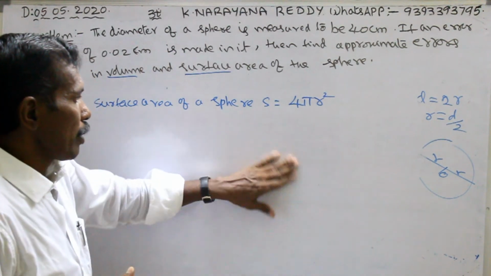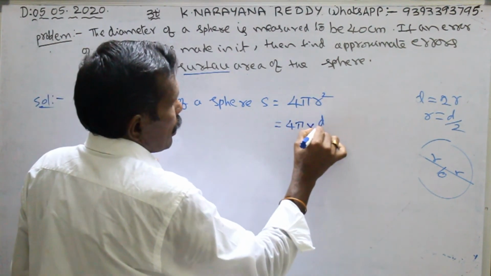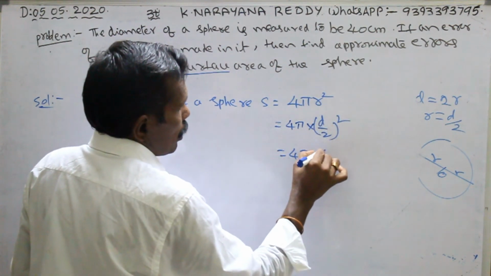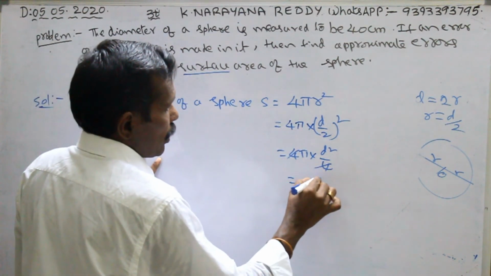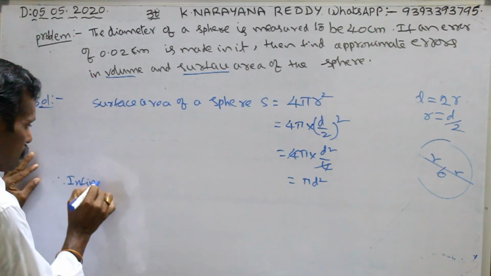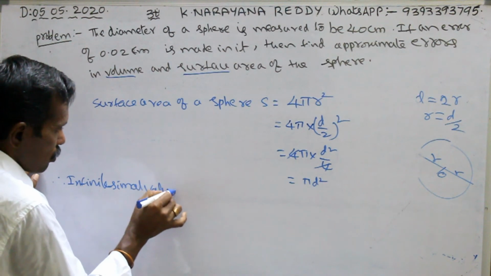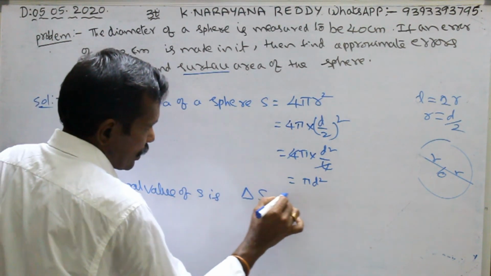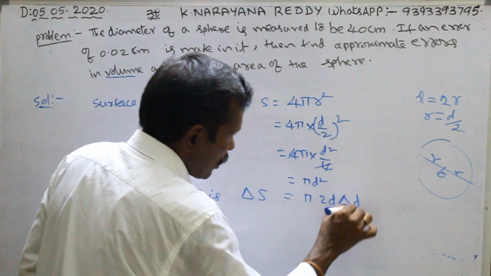Now this equals 4 pi into d by 2 whole square, that is 4 pi into d square by 4. The 4 gets cancelled, so pi d square. Therefore, the infinitesimal value of S is del S equals pi into 2d del d.